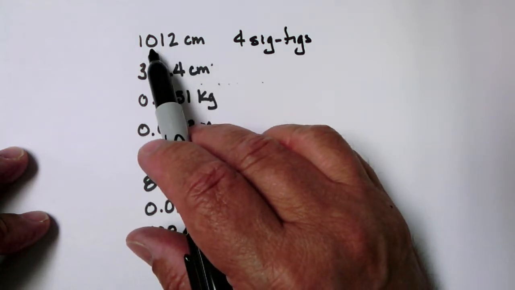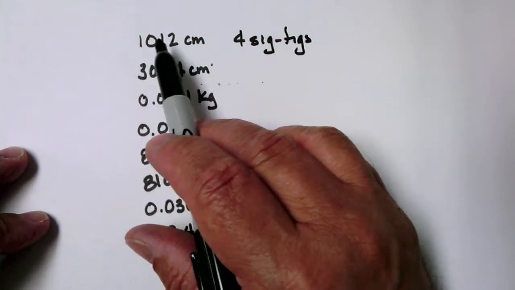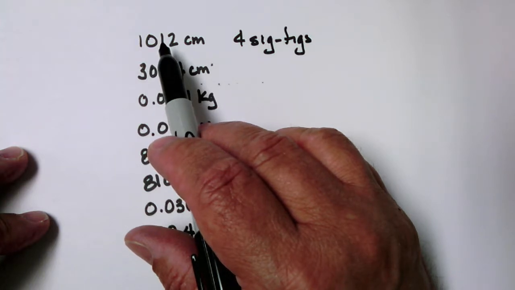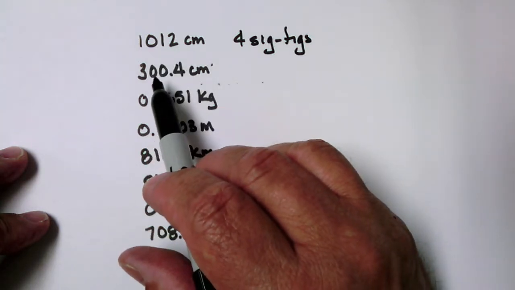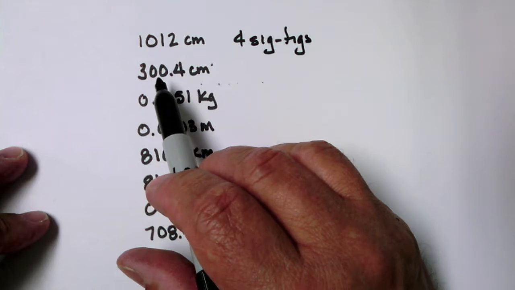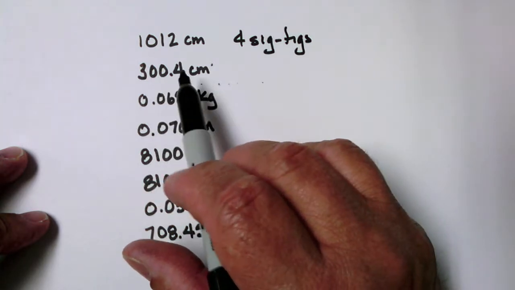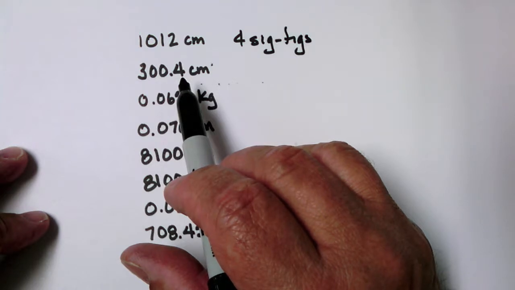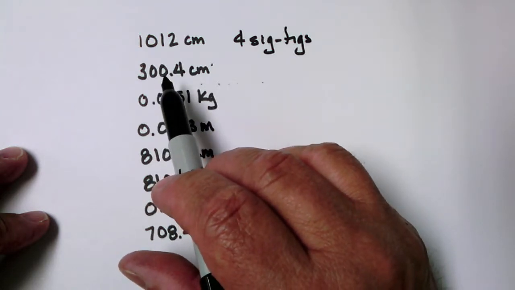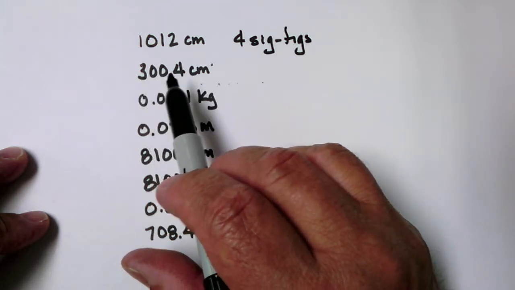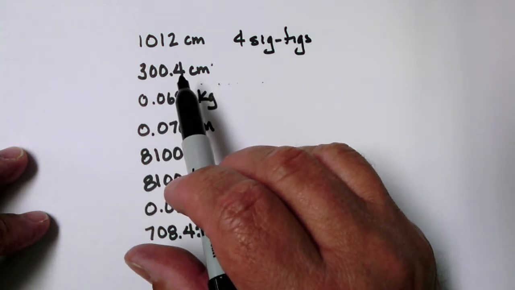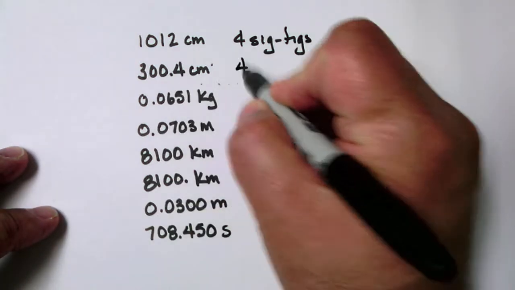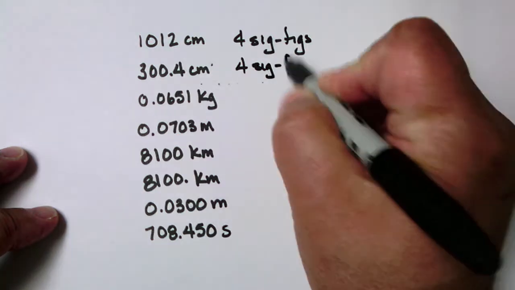The 0 is significant because it's between 2 non-zero digits. In the next one, we have 300.4 centimeters. Again, we have 2 non-zero digits, so those are significant. And we have 2 zeros, and the 2 zeros are also bracketed by non-zero digits. So once again, we have 4 sig figs.